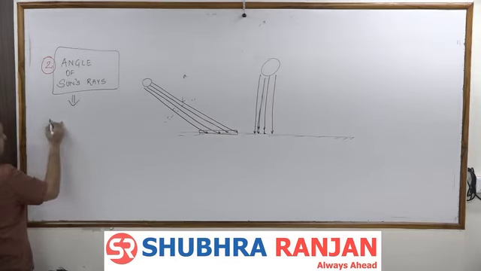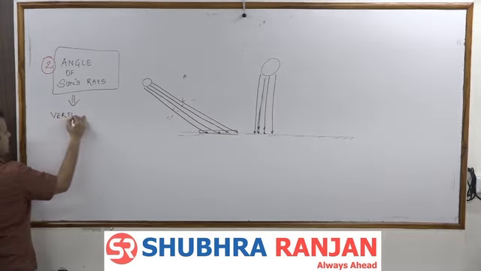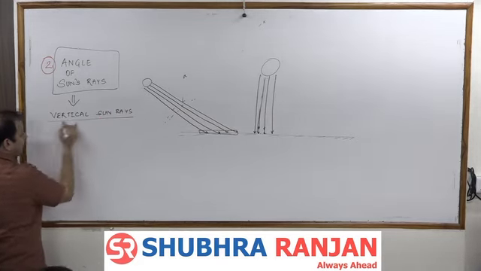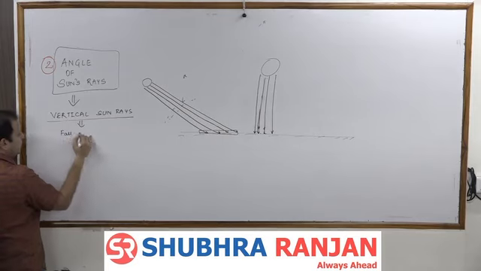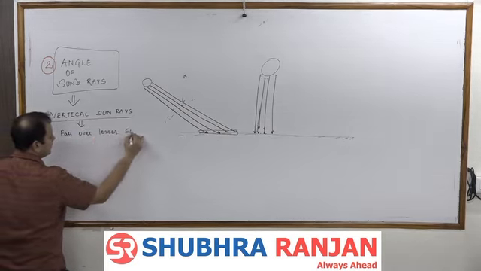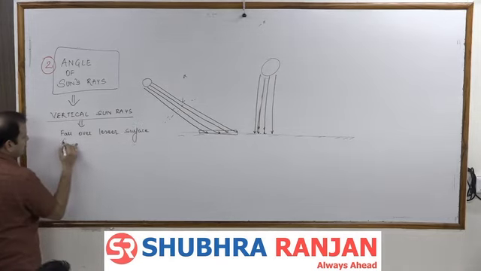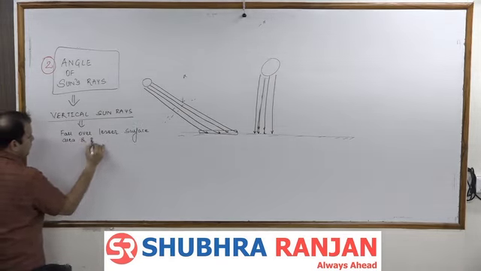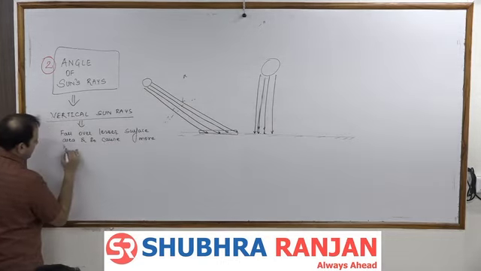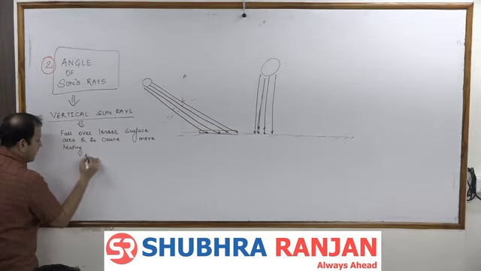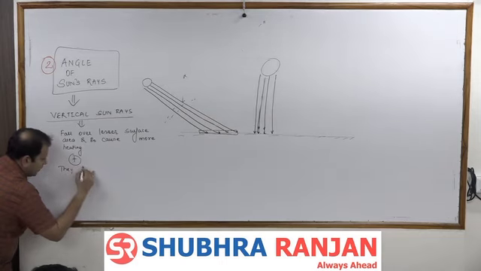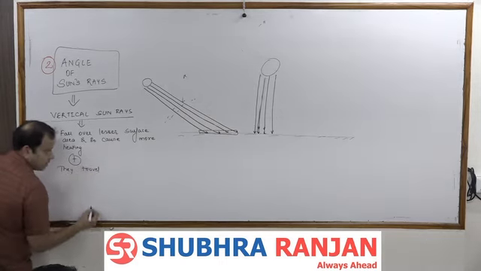So remember: vertical sun rays fall over lesser surface area, and therefore cause more heating, plus they travel shorter distances.